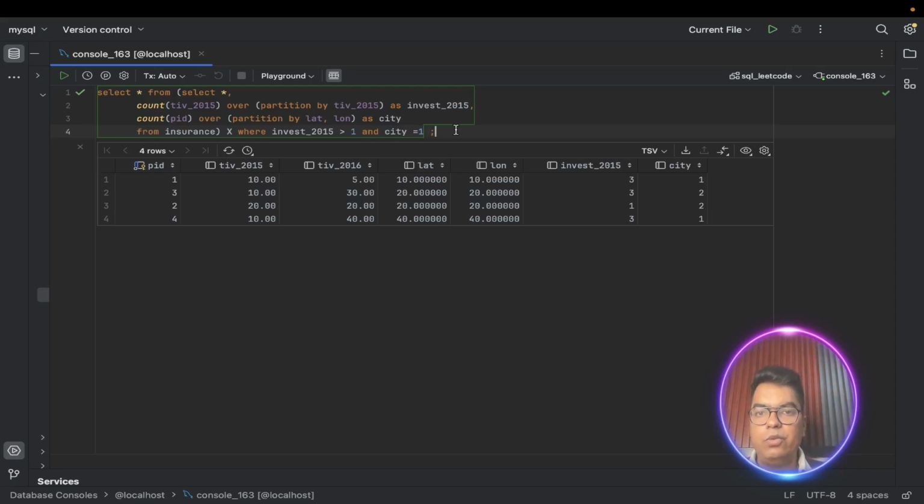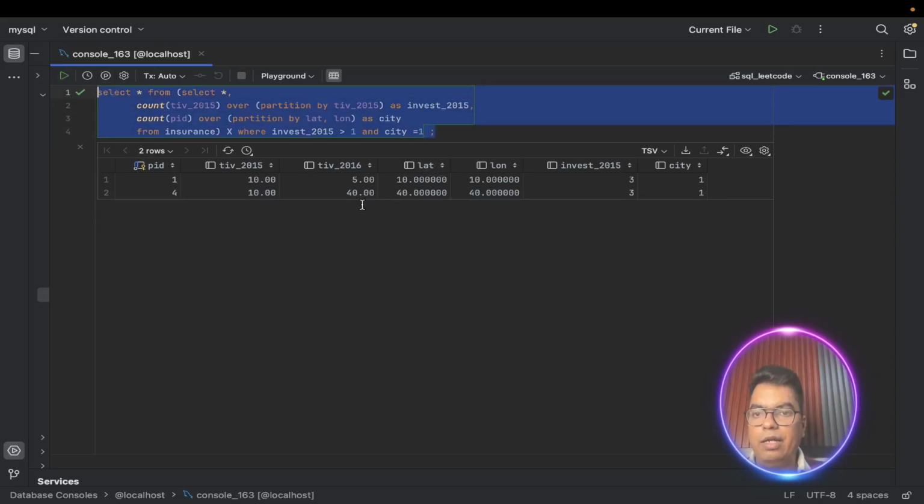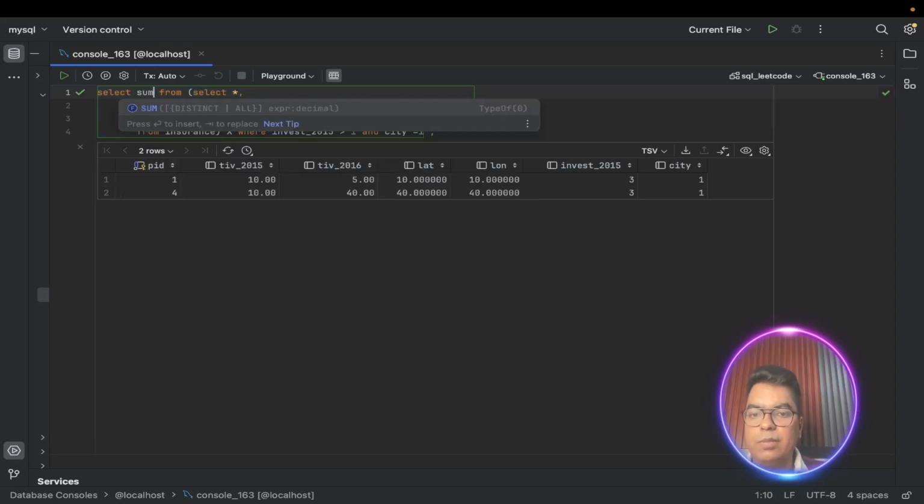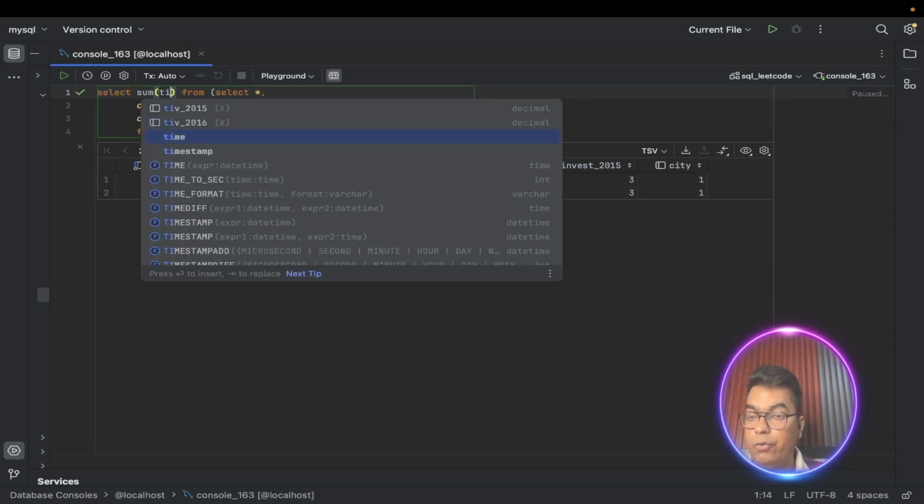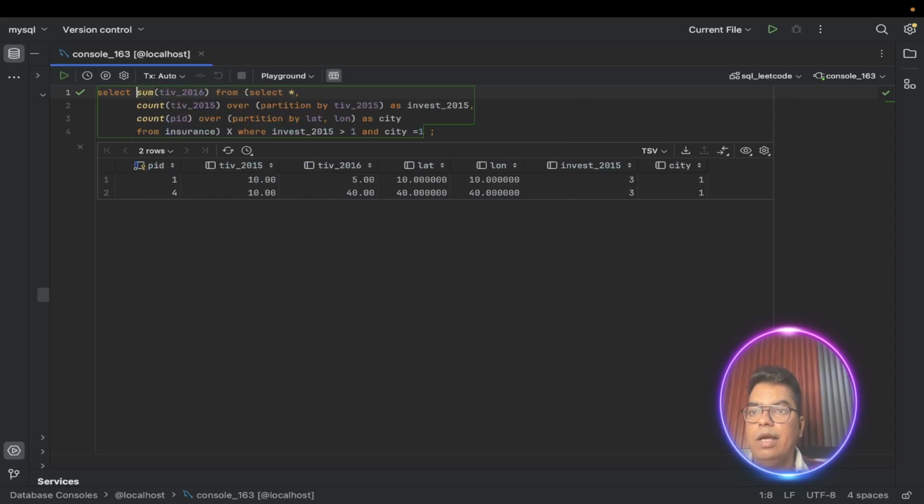So let me run this query and I get the proper result. I just need to do a sum of TIV 2016, not 2015, and round to 2 places. This is what is asked in the question.